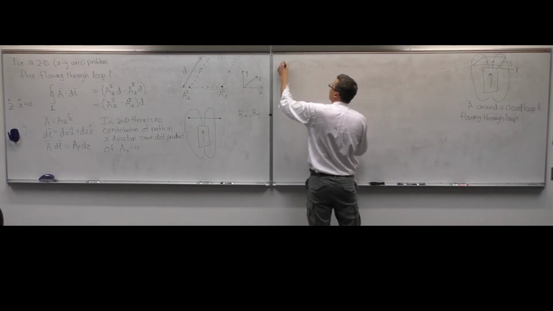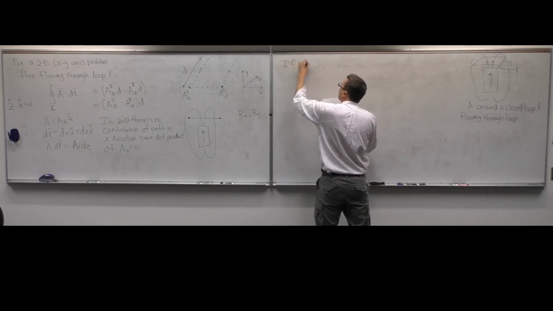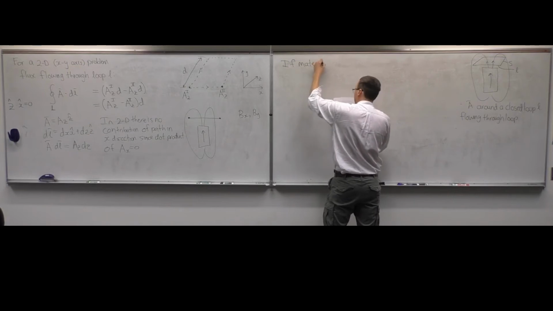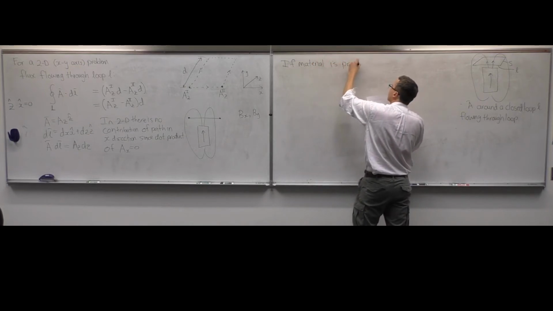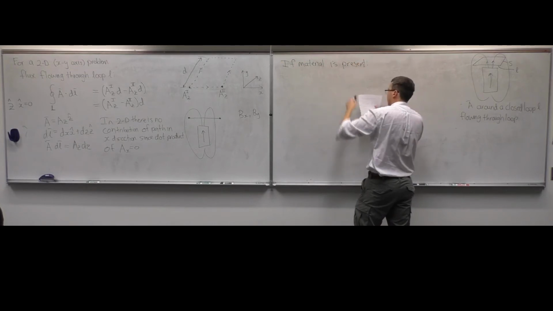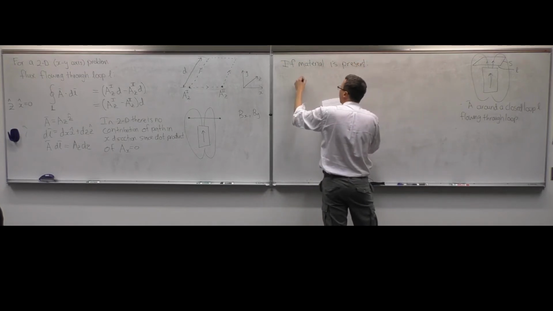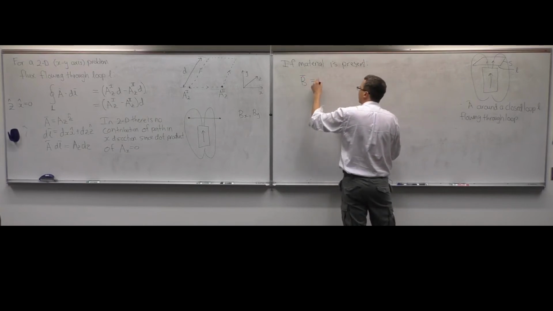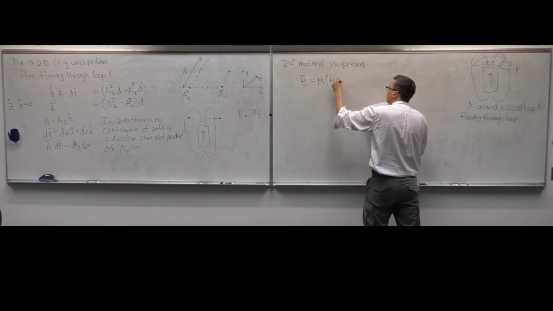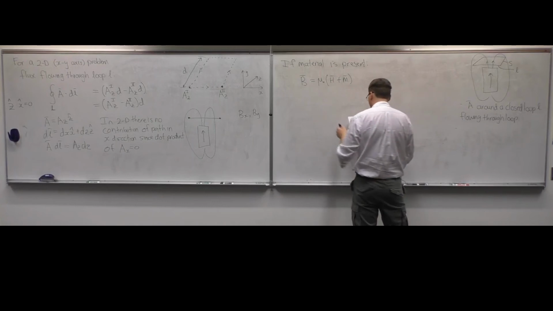So if material is present, then the magnetic flux density is related to the magnetic field intensity by this magnetization vector.